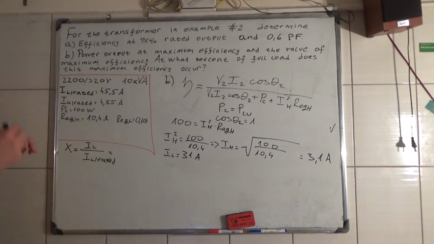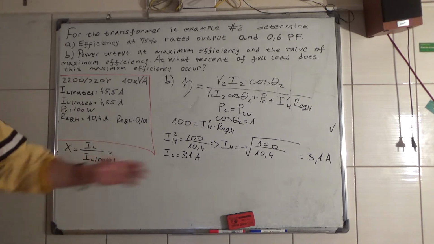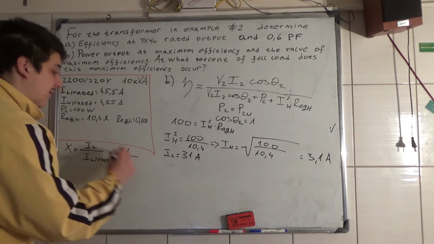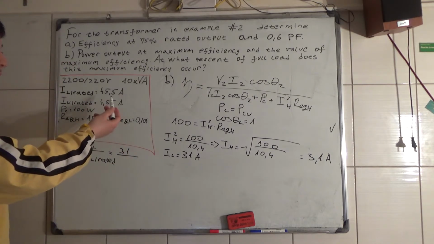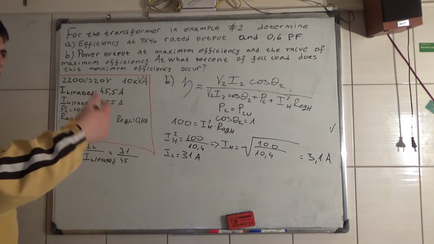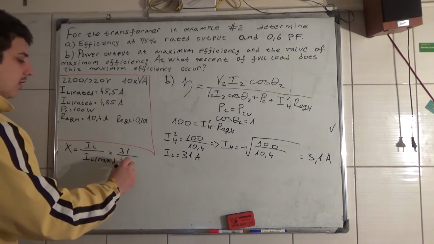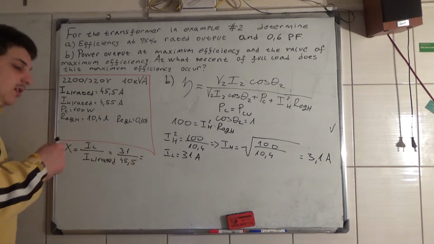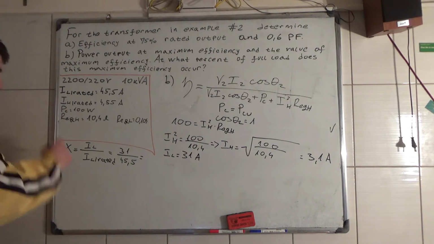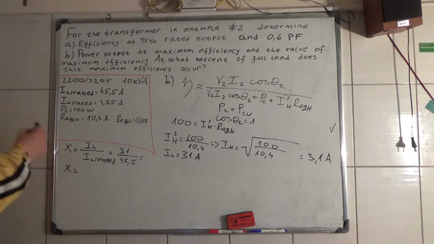So, we have 31 amperes divided by the rated low voltage side current, and then you get this X. This is what you call the per unit loading.